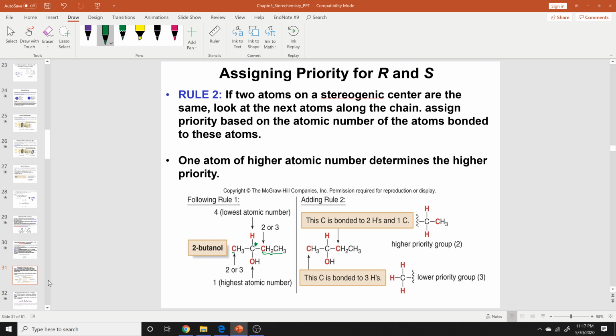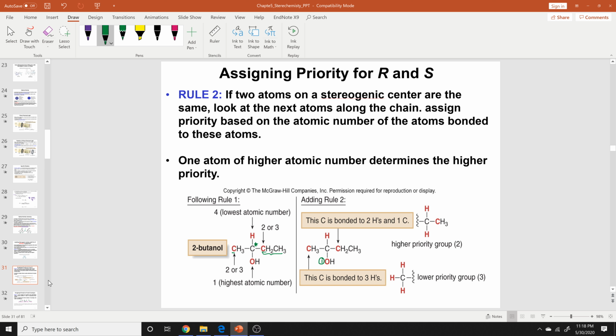So see how I am going? I'm going one atom at a time. I cannot consider the ethyl group as a whole. This is not right. So now this is going to be priority 2. This is going to be priority 1 because between the oxygen, 2 carbons and hydrogen, this is the highest atomic number.